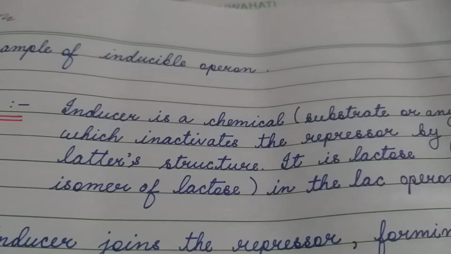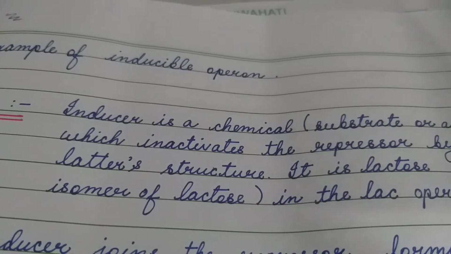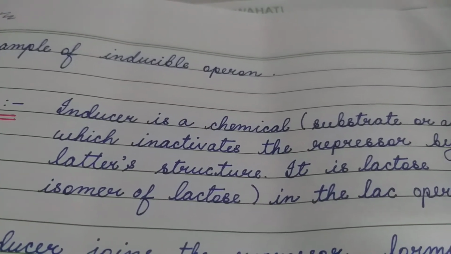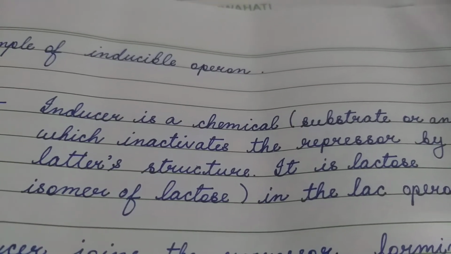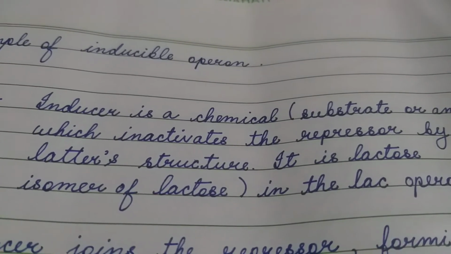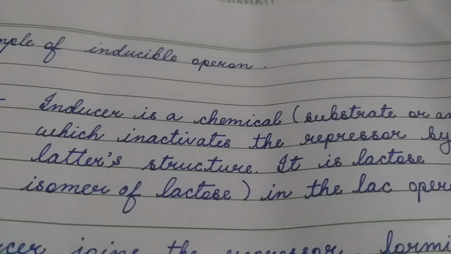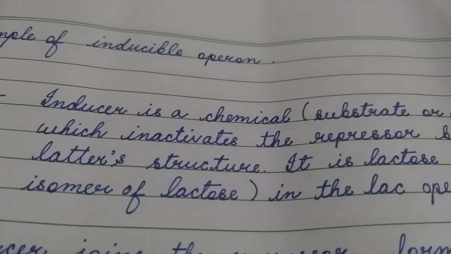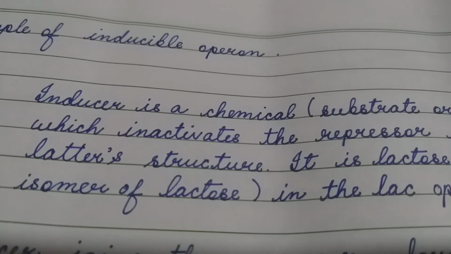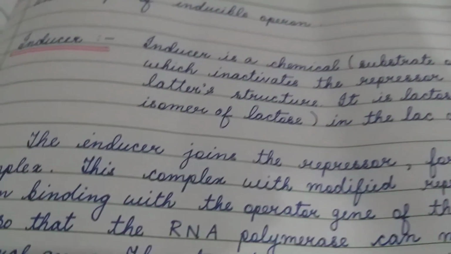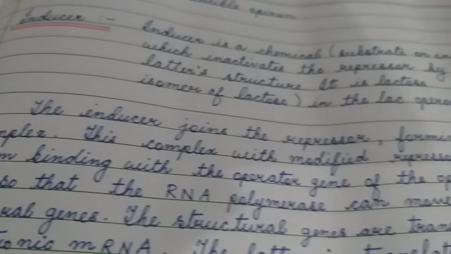Lactose is the inducer. It inactivates the repressor by modifying the structure of the repressor. Presence and absence of inducer will determine whether the operon will be switched on or switched off. The inducer joins the repressor and forms a repressor-inducer complex.